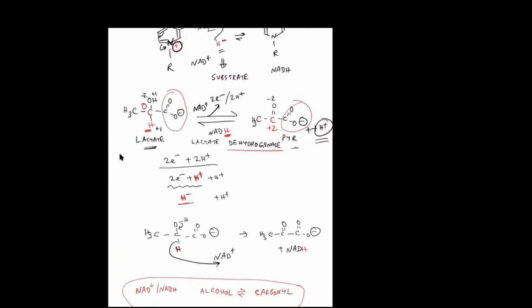And NADH is a coenzyme. It is not the substrate. It is a coenzyme, which is giving the H minus, and a proton comes from solvent to the pyruvate to make lactate. So we always consider the substrate. What is happening to the substrate? NADH, NAD plus is not a substrate, it is a coenzyme.